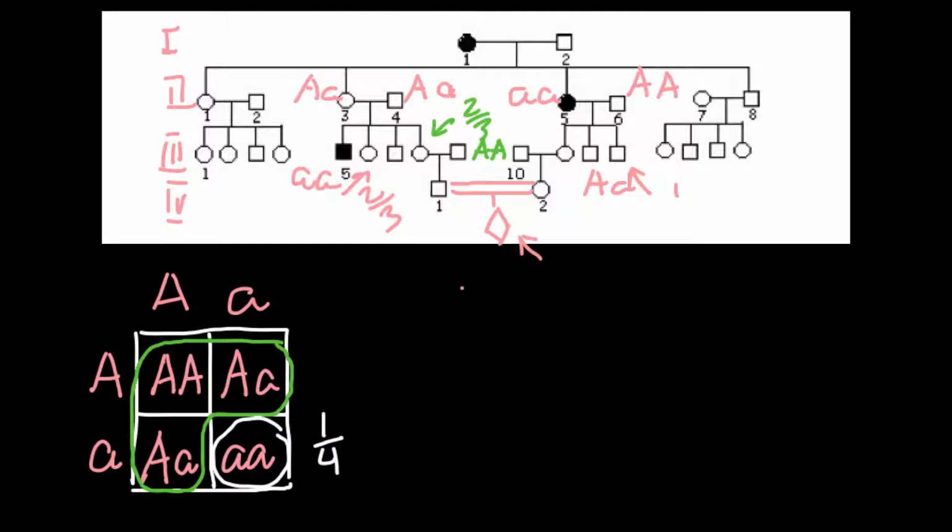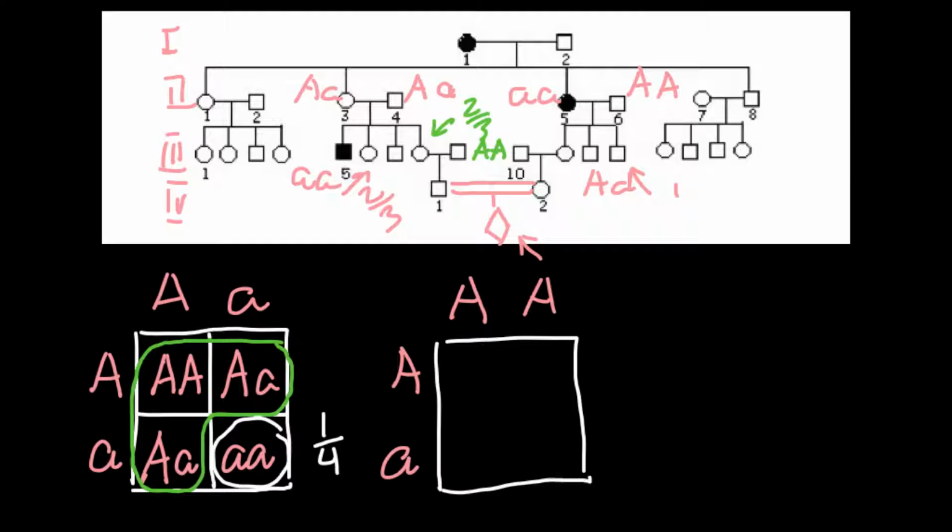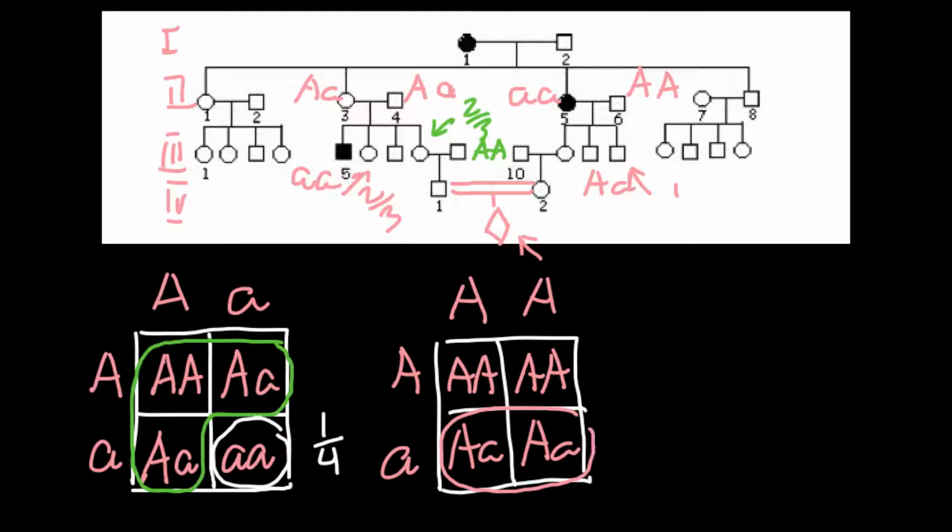So let's build another Punnett square, and one parent is homozygous dominant, another is a carrier. According to the information we got, the probability would be 1/2. So as you see, 100% of the progeny would be phenotypically normal, but 50% of the progeny would be carriers.